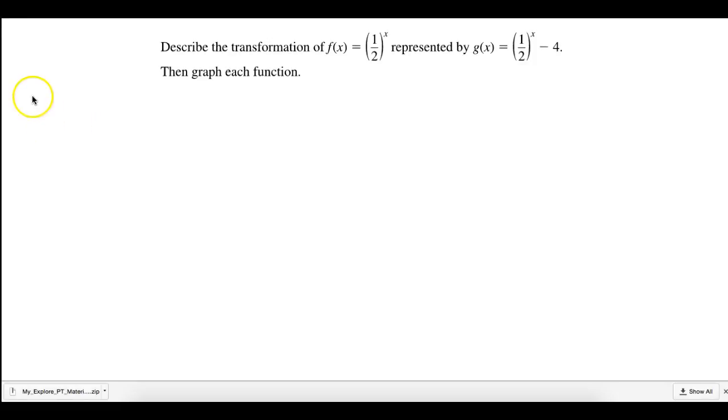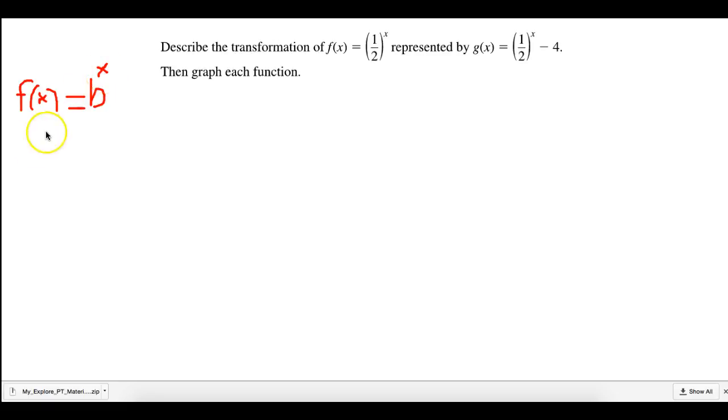So the parent function of an exponential function is just f of x equals b to the x power. Now remember, b can be any constant. So there's not one specific parent function. It's not like 2 to the x is the parent function or 3 to the x. The parent function is any constant to the x power.